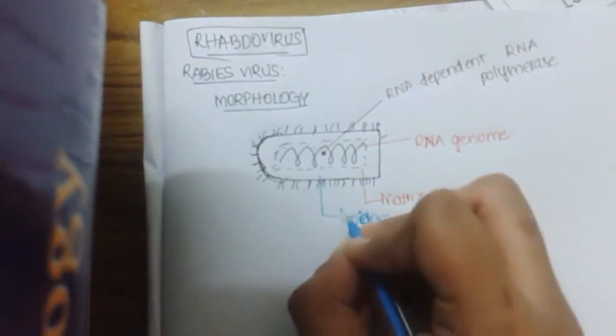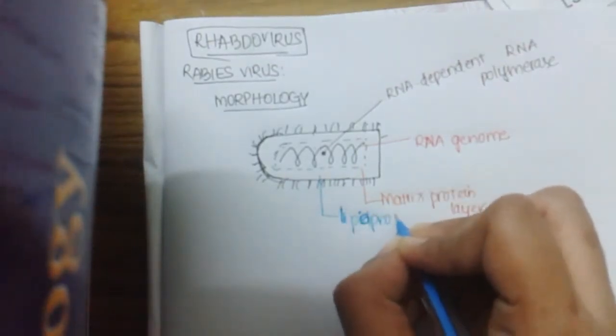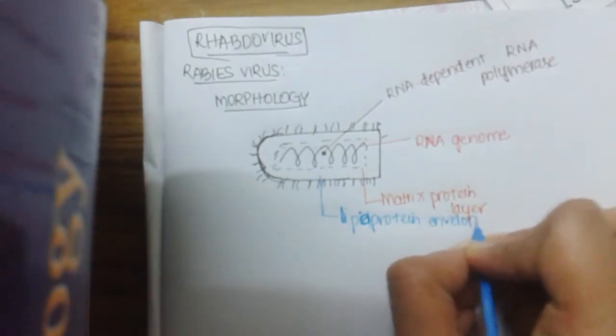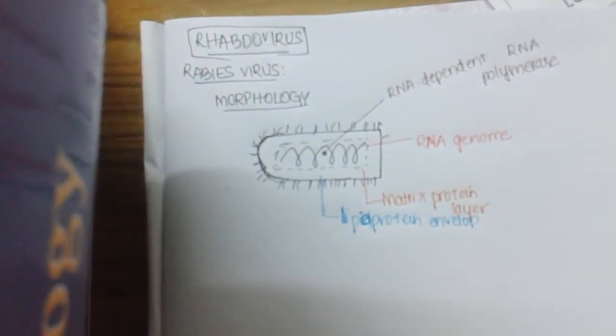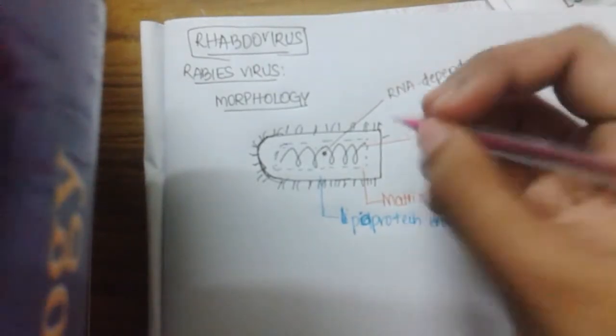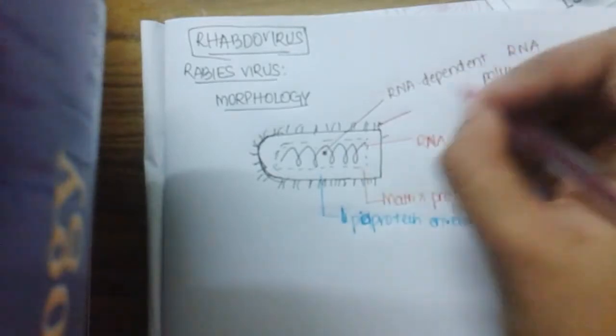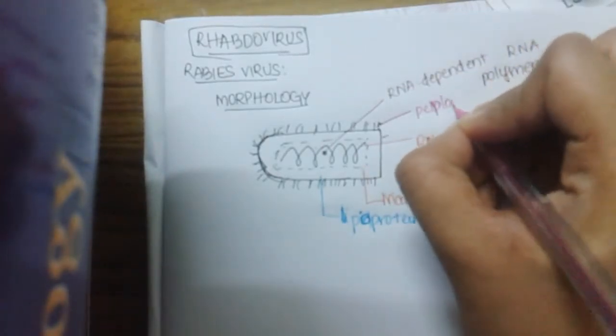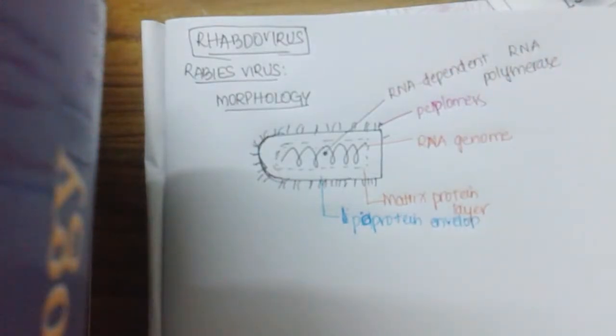It's not just lipid but lipoprotein. An envelope, and to this lipoprotein envelope there are many spikes which are peplomers. This is the morphology of rabies virus, right?